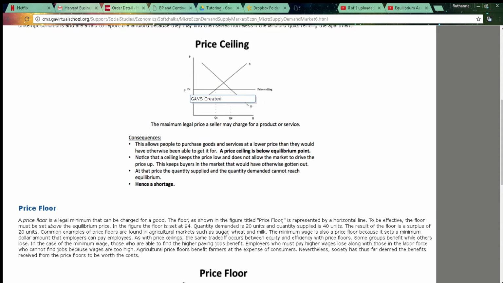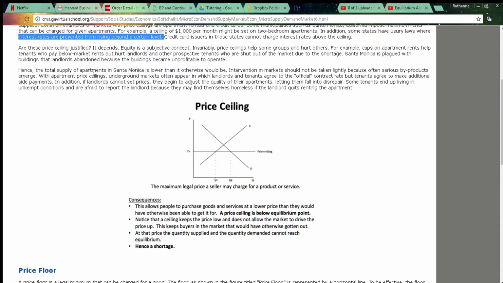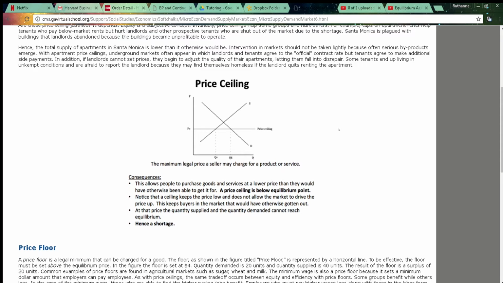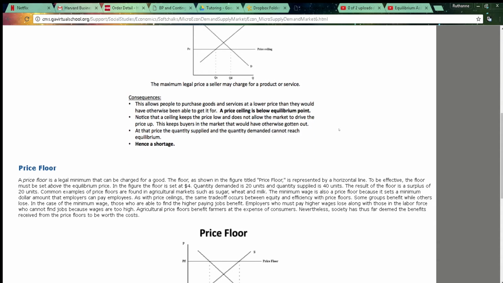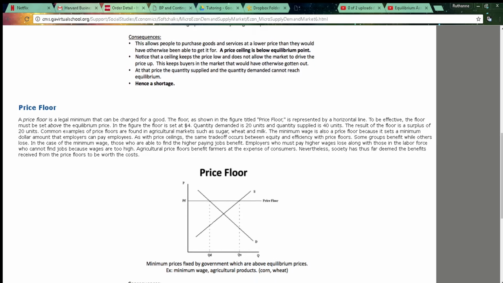If we were to put a price ceiling here that is below the equilibrium point, then we may end up with a supply quantity that is too low and a demand quantity that is too high, such as with apartments in Santa Monica. As you can imagine, they're probably pretty popular and pretty difficult to obtain.